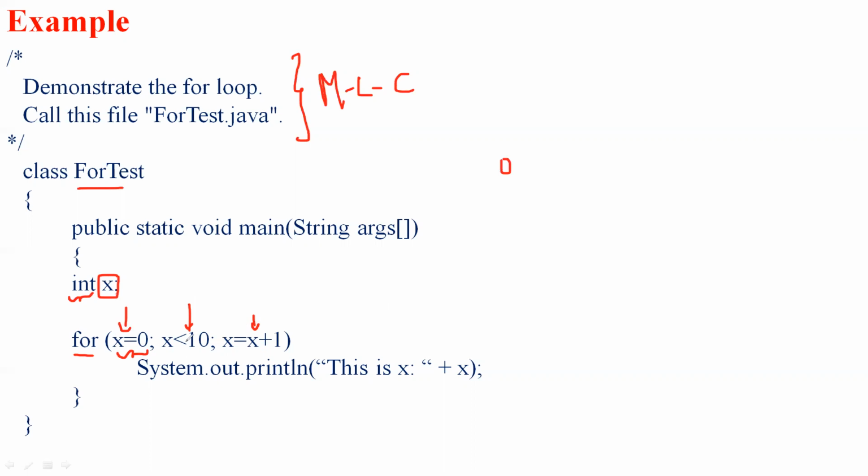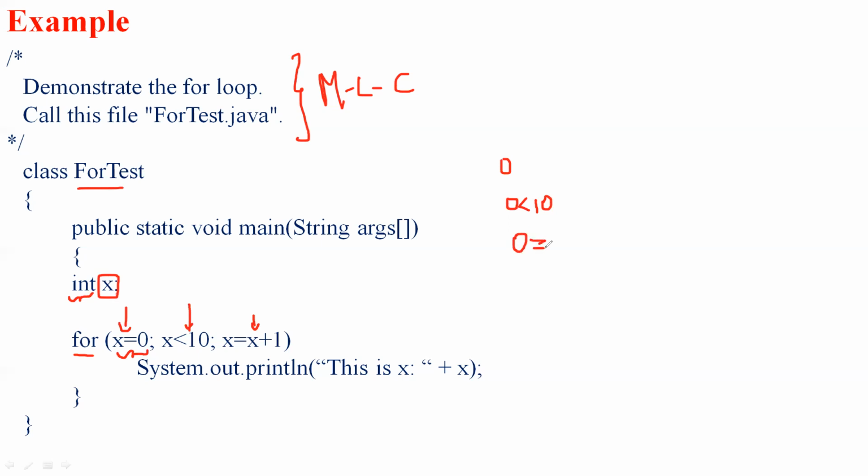Then I check the condition: whether x is less than 10, that is, whether 0 is less than 10. If it is true, then we apply the iteration.